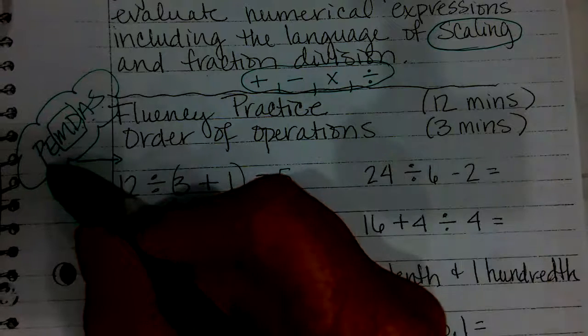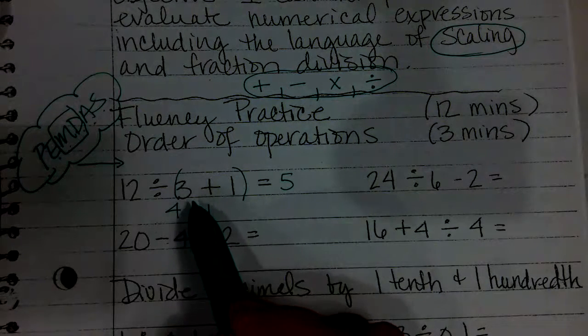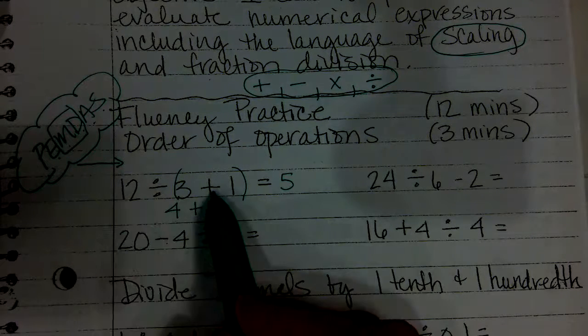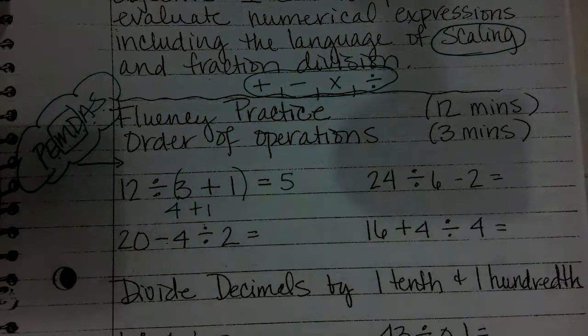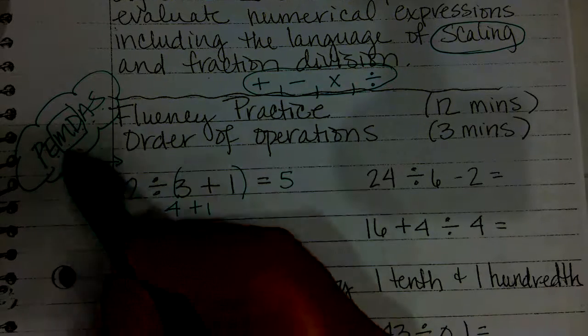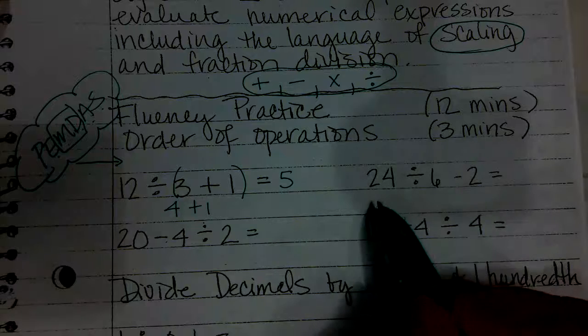Well, parentheses come first, so you would have had to do 3 plus 1 first, and that would give you 4, and then you go 12 divided by 4 is 3. So notice, if you don't solve something in the correct order, you're not going to get the right answer. So you have to follow the rules of PEMDAS in order to get your problems right.